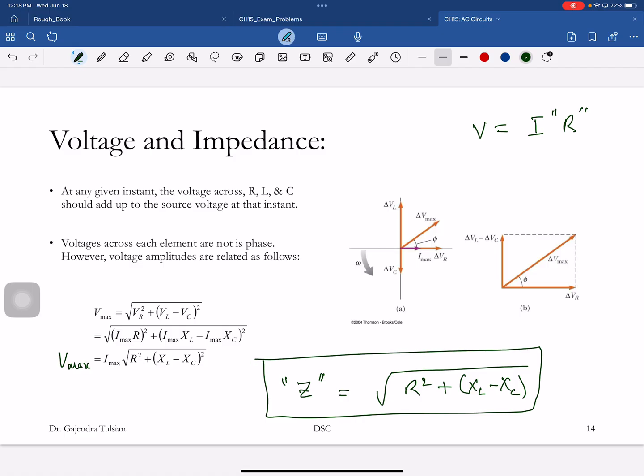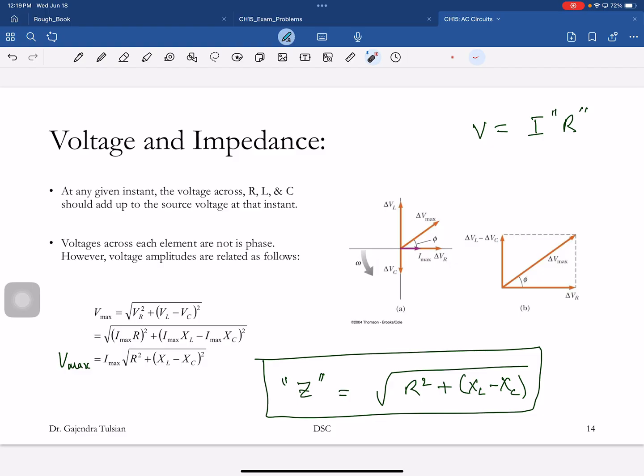So that's the first thing we found out about it. Notice something: the impedance of the circuit, these guys are frequency dependent. So the impedance of the circuit depends on the frequency.